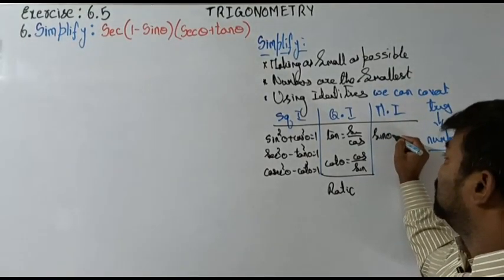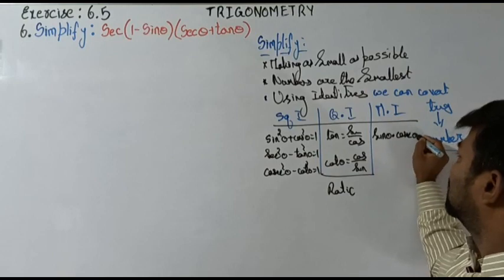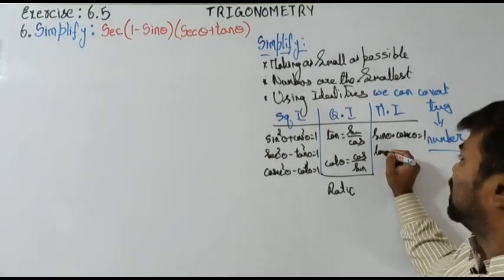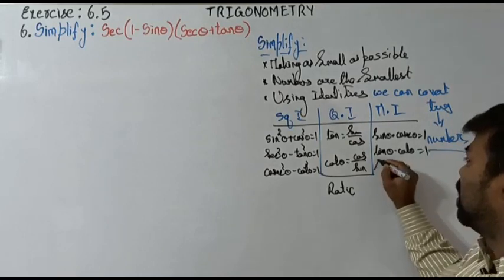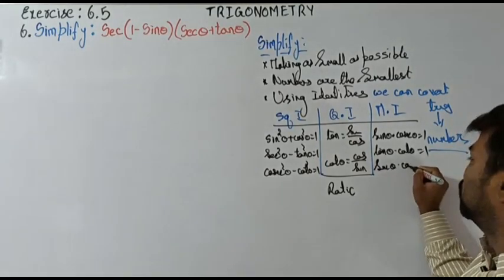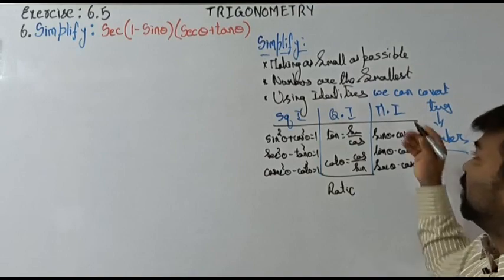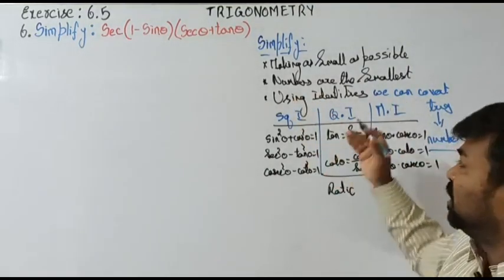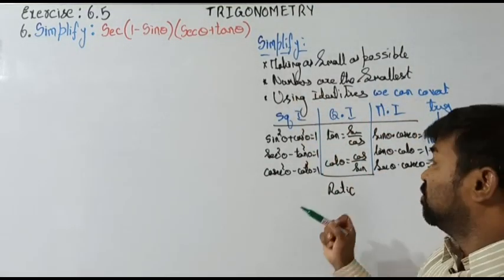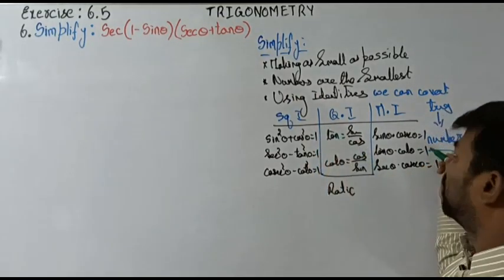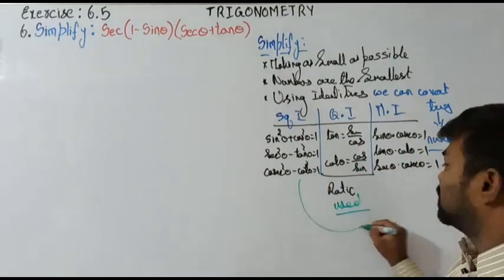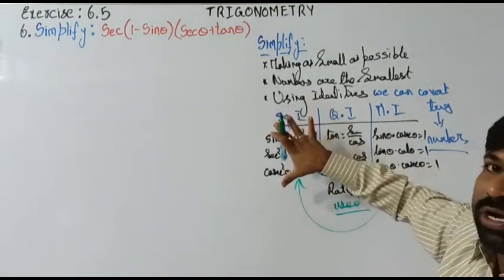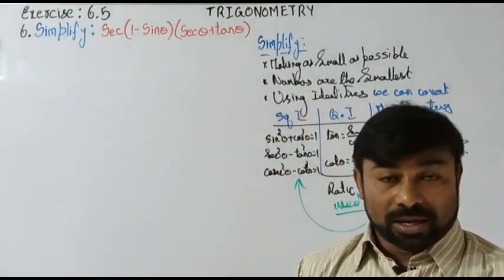Sine theta into cosec theta is equal to 1, tan theta into cot theta is equal to 1, and cos theta into sec theta is equal to 1. These are the multiplicative identities. See here, everywhere we got 1, 1, 1. Generally we use these to convert trigonometry into numbers.